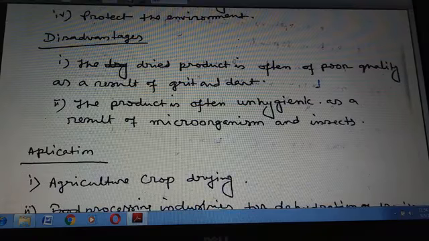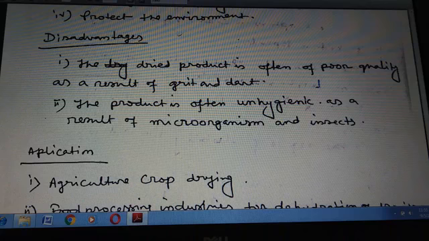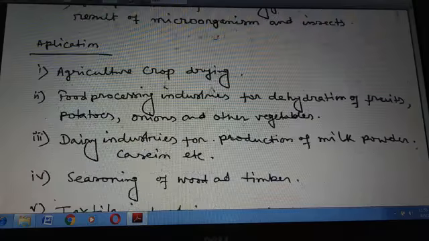First disadvantage, the dried product is sometimes of poor quality as a result of grit and dirt. Next disadvantage, the product is sometimes unhygienic. As a result, there are some effects and diseases that can occur by the use of this system.